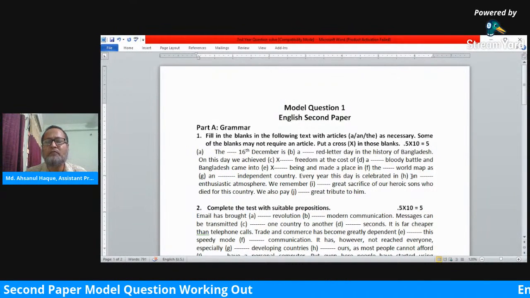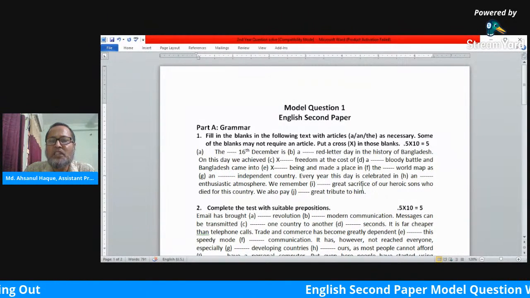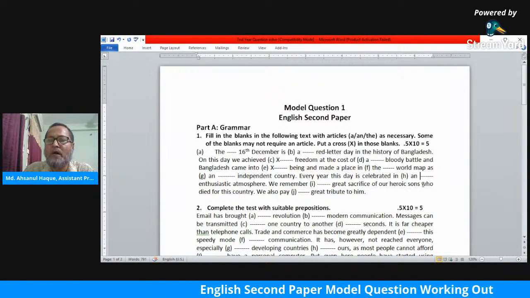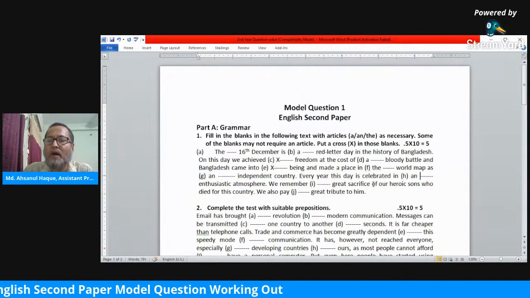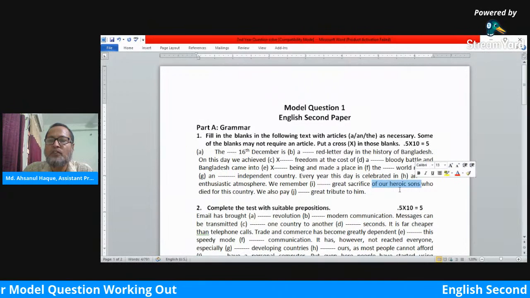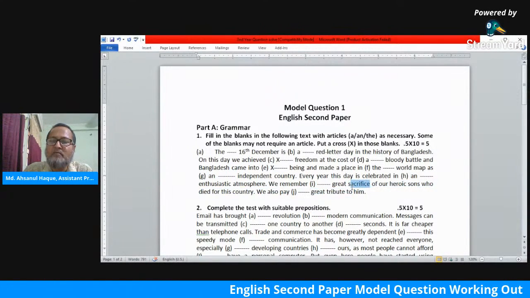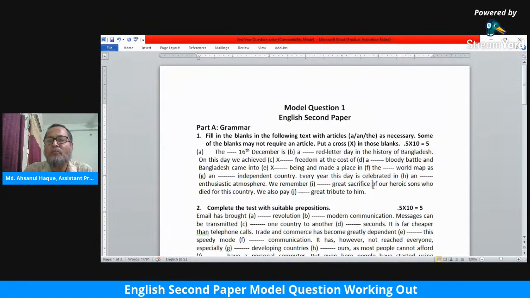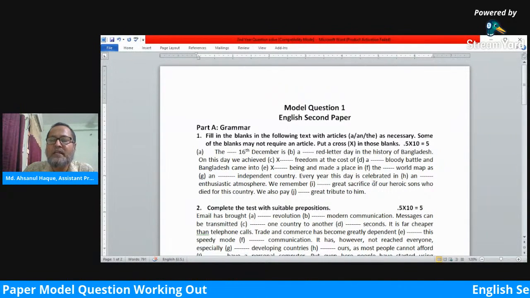We remember dash great sacrifice of our, but whose sacrifice? Sacrifice of our heroic sons. So this noun sacrifice has been made definite by using the of-prepositional phrase. Whose great sacrifice?